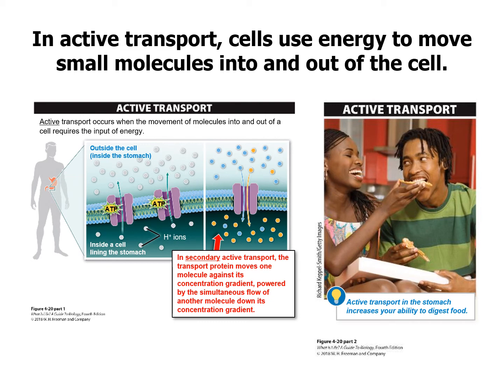For moving against the concentration gradient, you're going from low to high, so that is going to require energy. This is going to be powered by the simultaneous flow of another molecule down its concentration gradient. So it's going to piggyback on that natural way of concentration gradients.